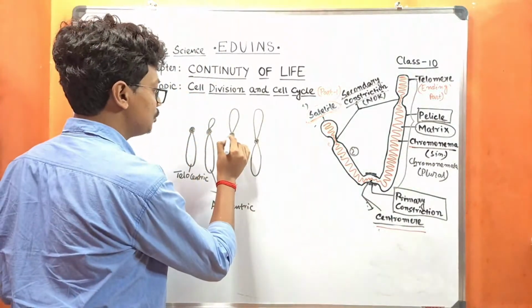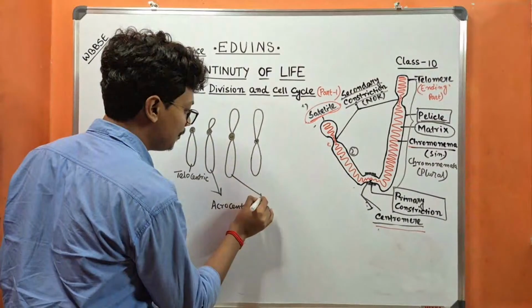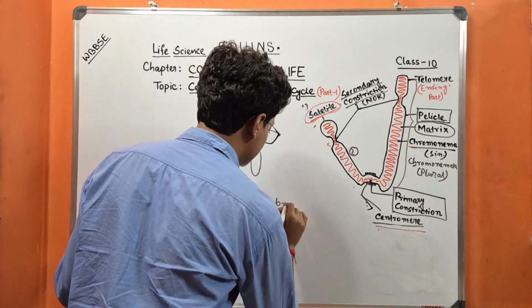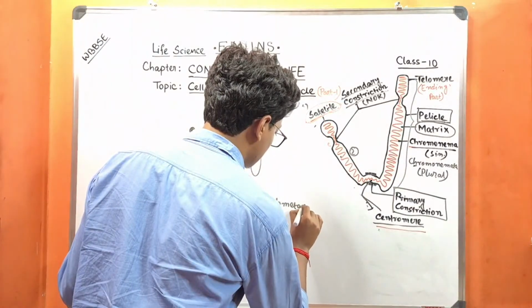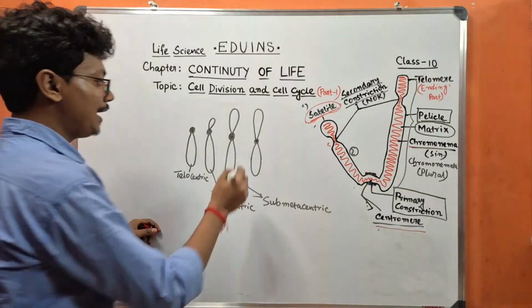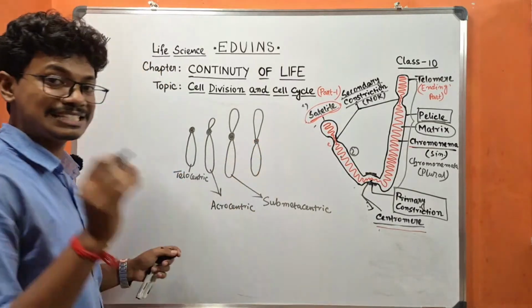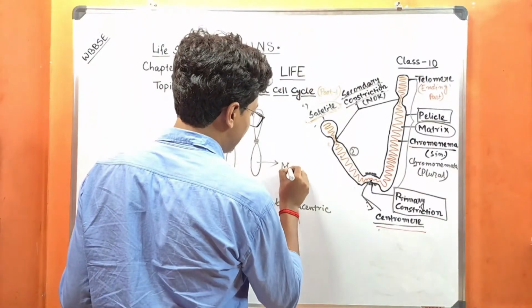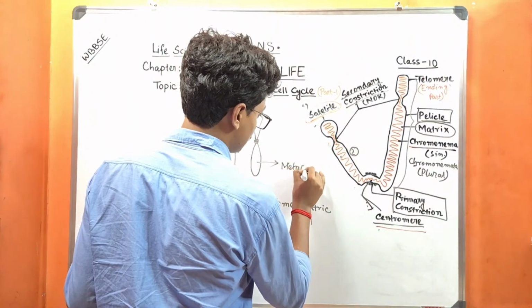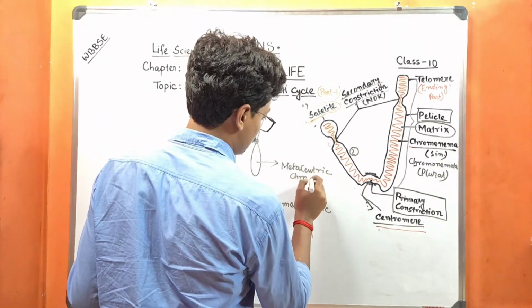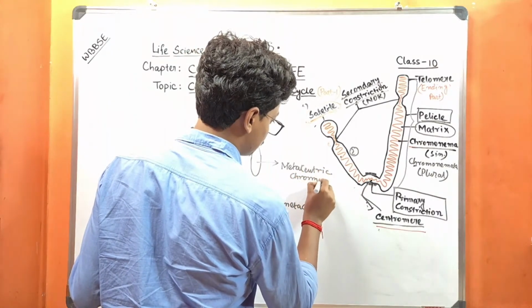When the centromere is present near the middle region, this is known as submetacentric chromosome, and when it is present in the center or middle of the chromosome, this is known as metacentric chromosome.